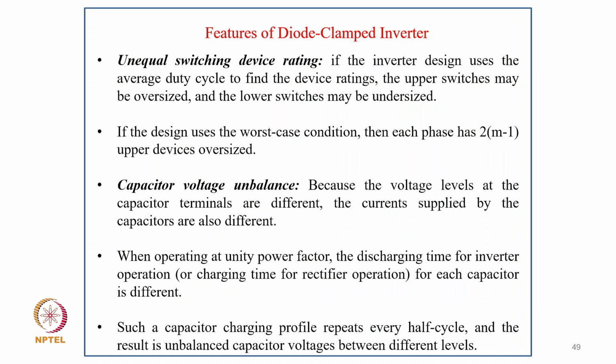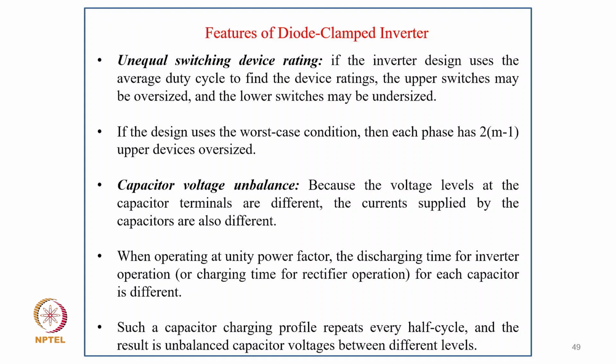Now on unequal switching device rating: if the inverter design uses the average duty cycle to find the device rating, the upper switches may be oversized and the lower switches may be undersized. If the design uses the worst case condition, then each phase has 2 times (M-1) upper devices oversized.